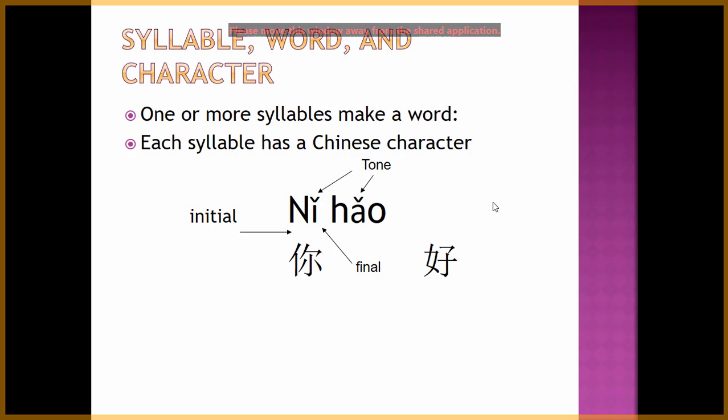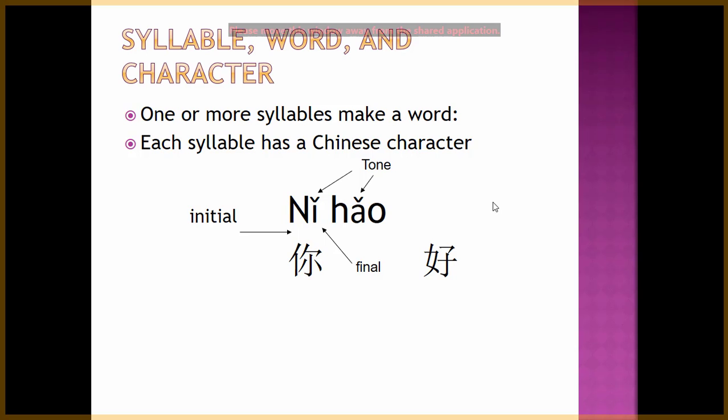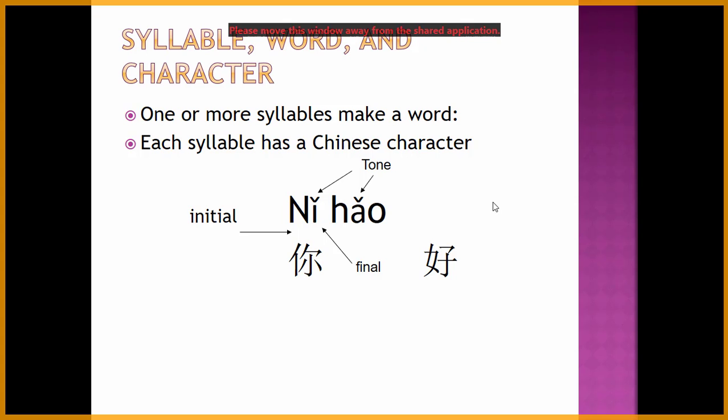So these are the parts. Now you can see that on the top it is written ni, N-I, but the character below that, which is the Chinese, before you didn't know how to pronounce it. Am I right?